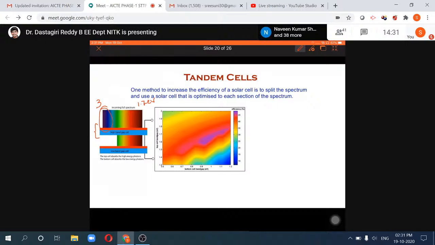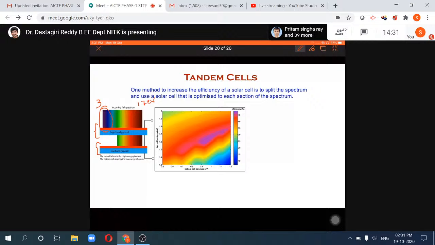In that case, you can come up with one more junction which can utilize the rest of the light. That's how you can make these two in series so that you can get a better cell voltage, or if you connect in parallel, a better short circuit current. But again, you have to think about all the aspects.